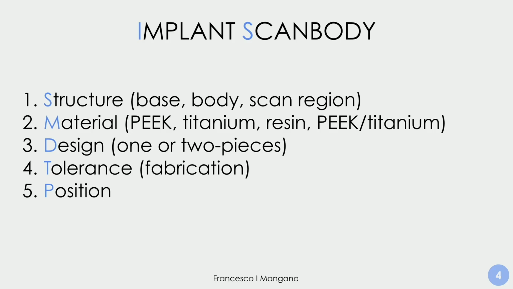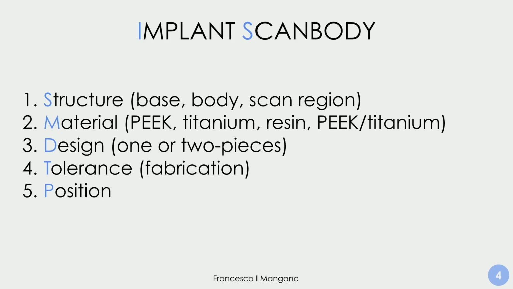But they can also be two pieces, with the base in metal and the body and the scan region in PEEK. Why? Because of course if we have two materials we can take the benefit from both, and we will see it: the benefit of having a metal part engaging in a metal connection, particularly in the case of conical connection, and also the benefit of the optical properties of polyether ether ketone.